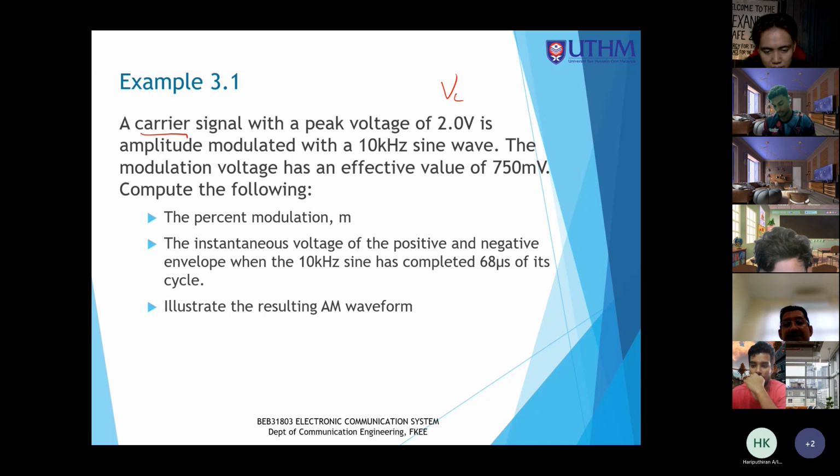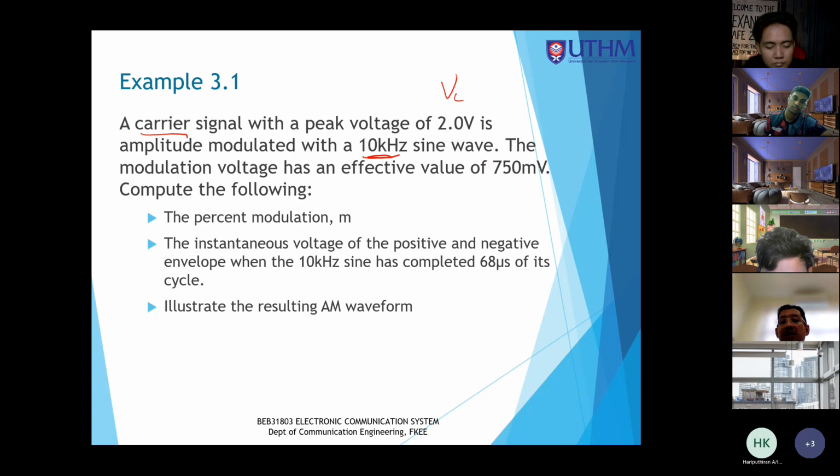So this carrier is amplitude modulated with another signal yang mempunyai frekuensi 10 kHz of sine wave. So dia kata carrier di amplitude modulatekan dengan another signal yang mempunyai frekuensi 10 kHz. So this is actually merujuk kepada modulating signal frequency.